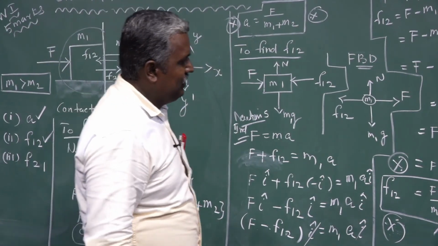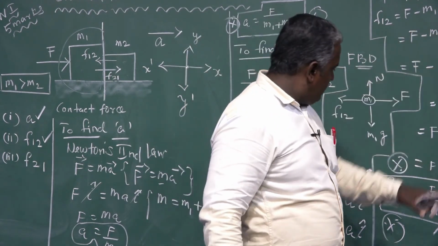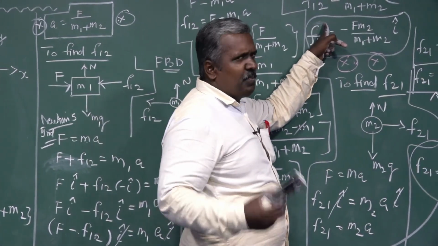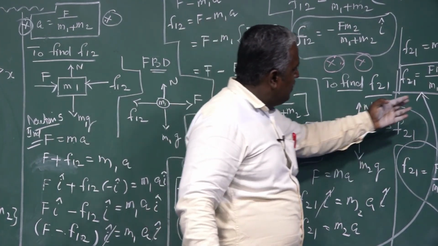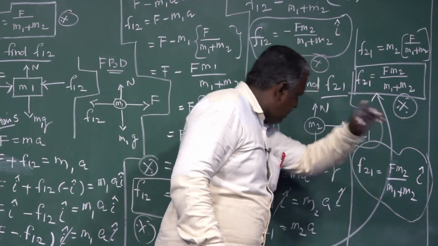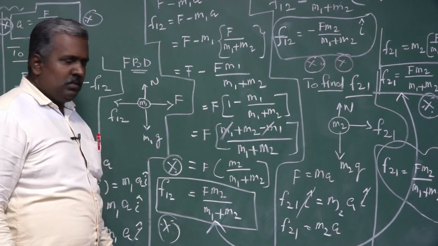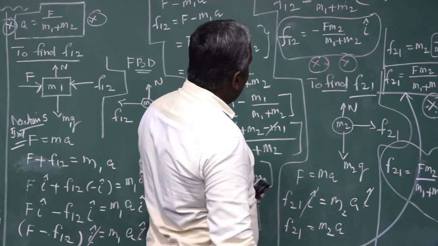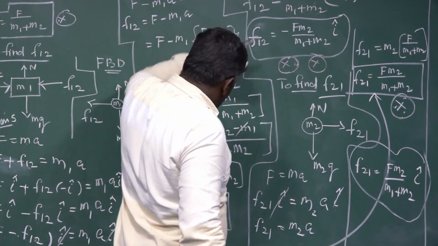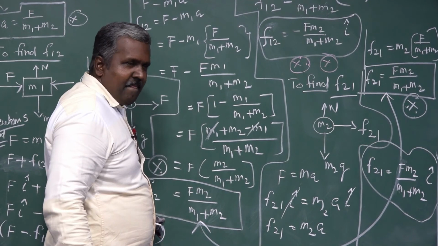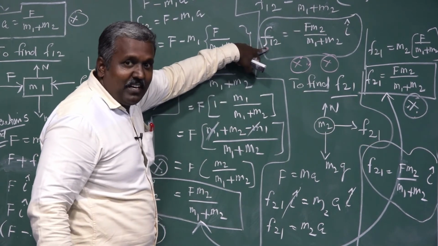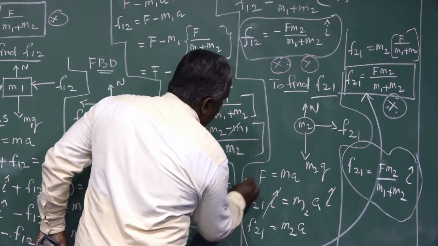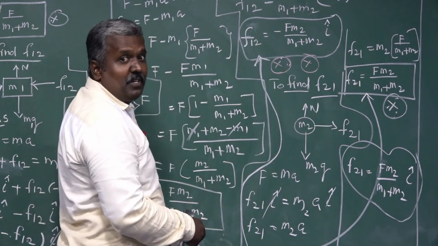Clear? This is a vector quantity, so we put an arrow mark. F21 and F12 have the same magnitude.